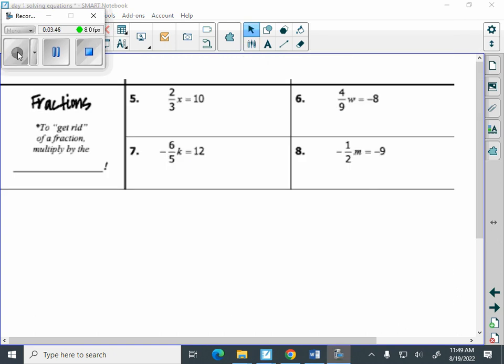In the next few problems, we have fractions in them. Once again, I'm really using inverse operations to do these.